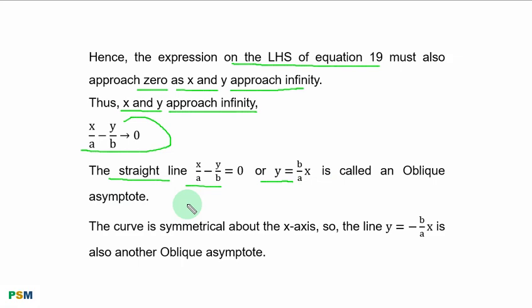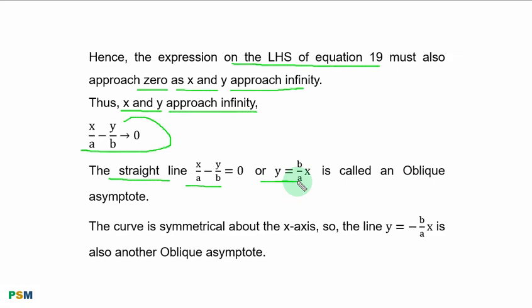In the diagram we considered, you have this line y equal to b over a x, y also equal to minus b over a x.